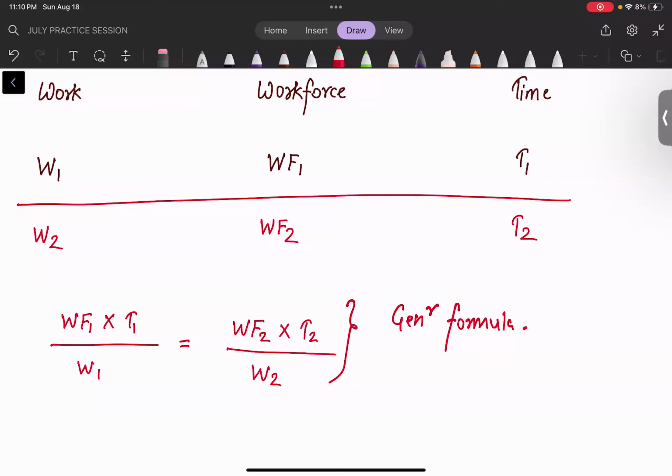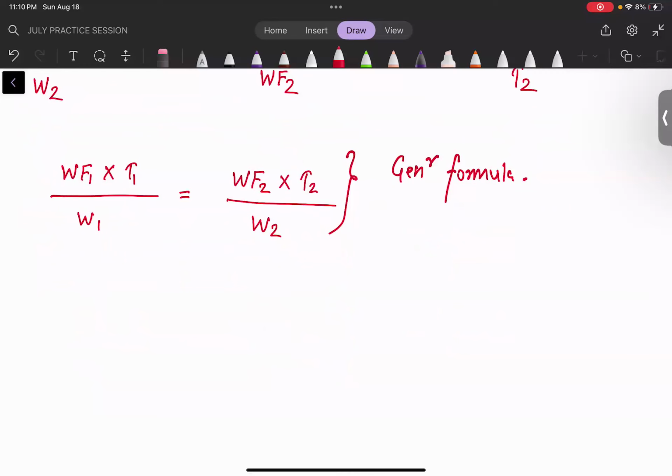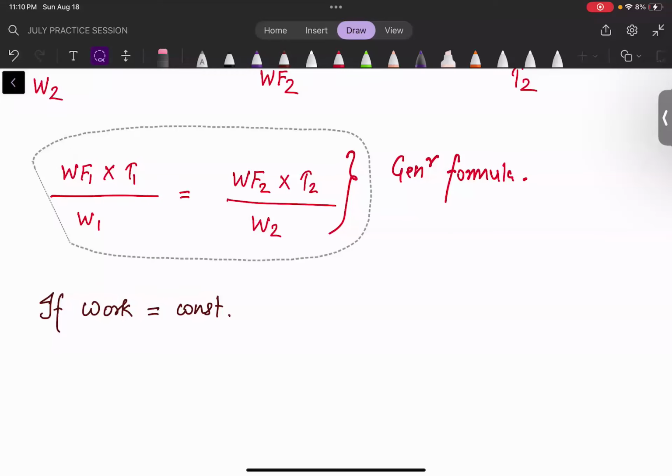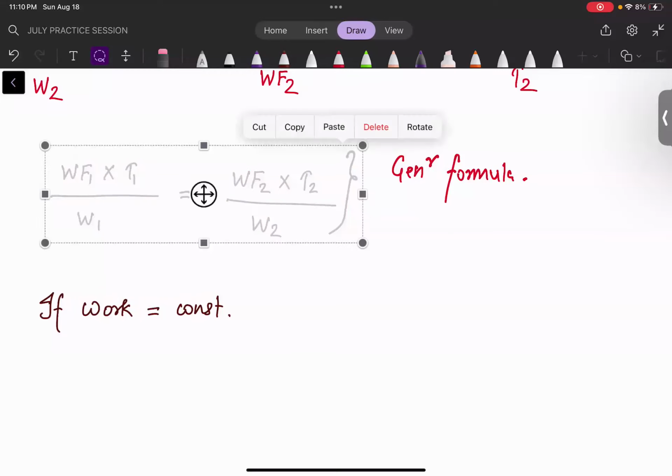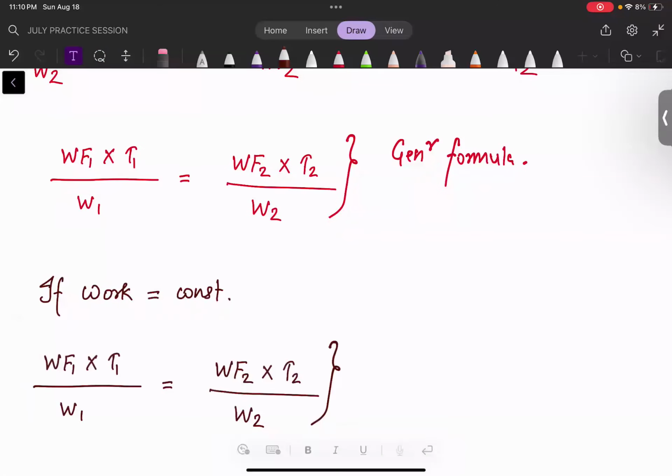So how this work will be represented in the formula, you will understand. But normally, in most situations, this work will be constant. All right, please carefully answer.